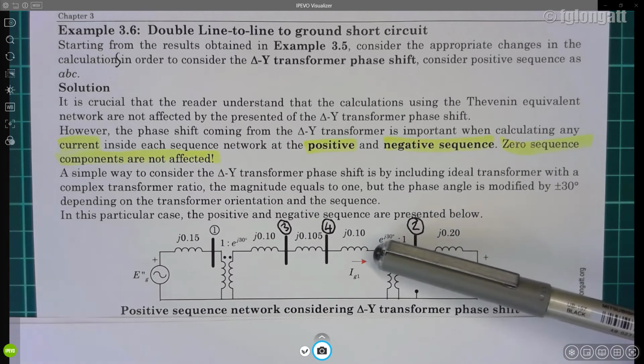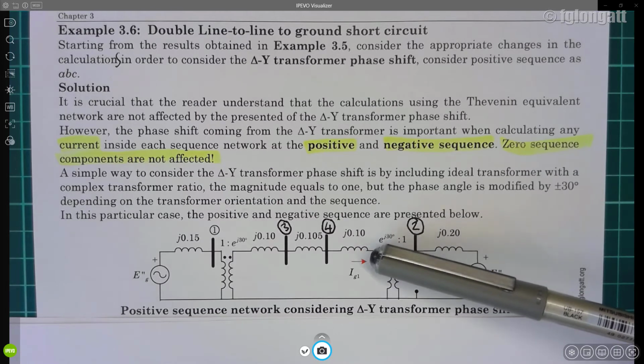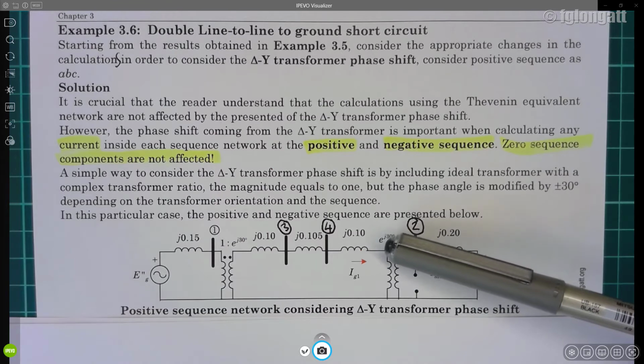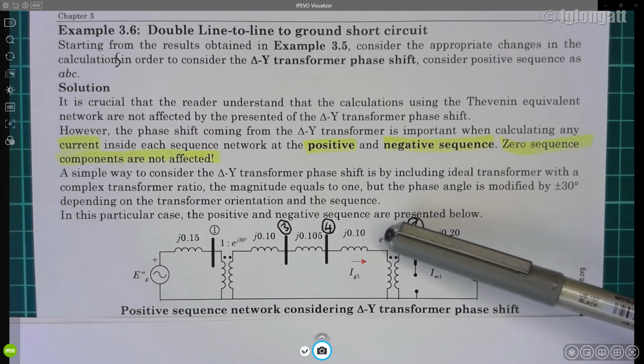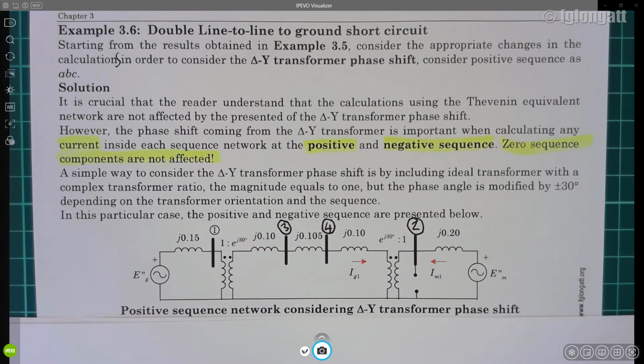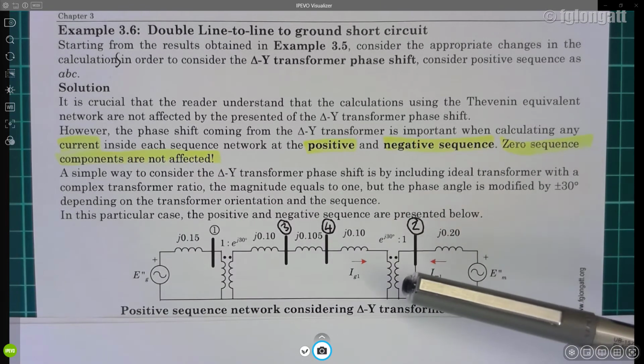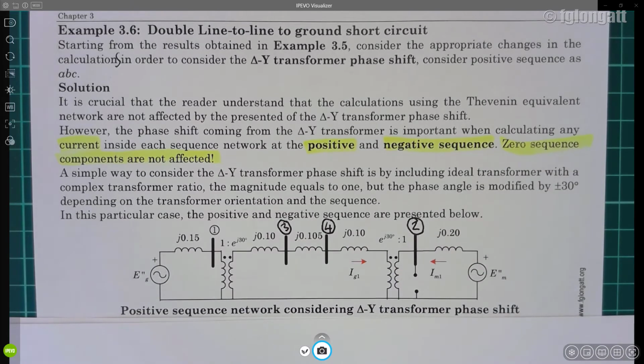However, if you remember complex numbers, when we use this property, j30 degree in this exponent over there, what it's doing is shifting the current by 30 degree from one side to the other side of the transformer. And that is what I need to do.